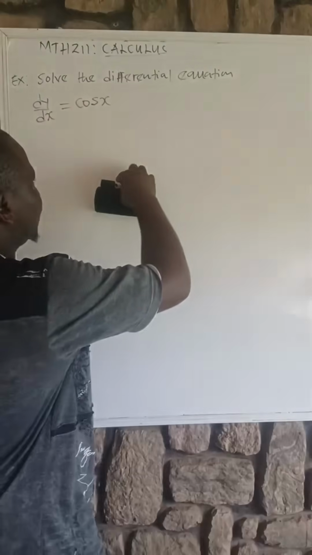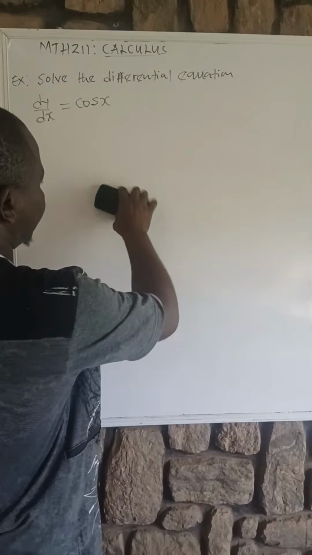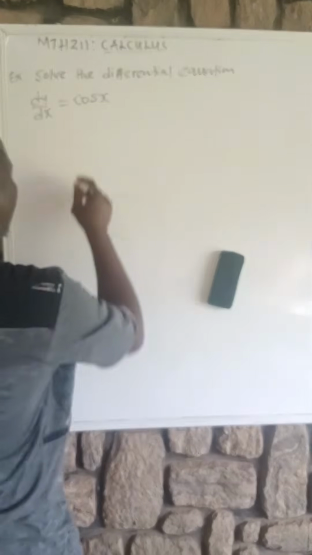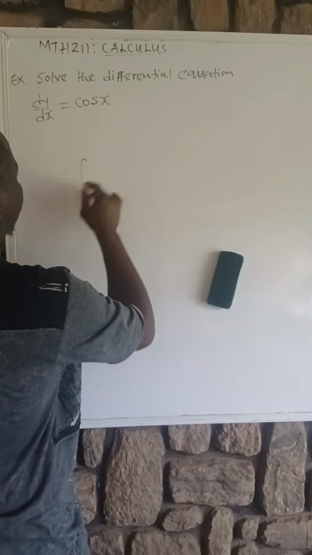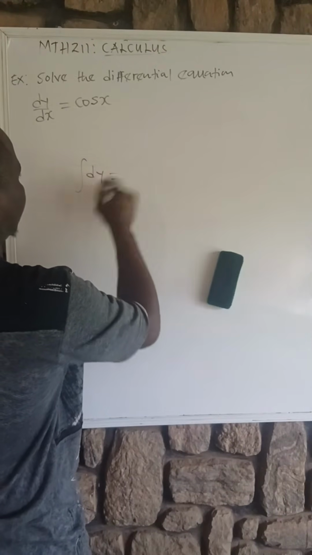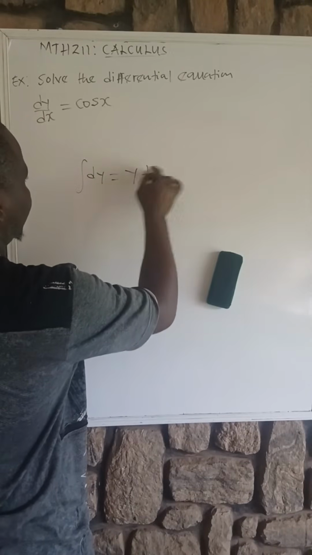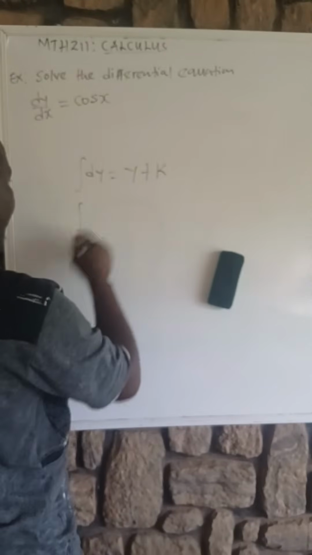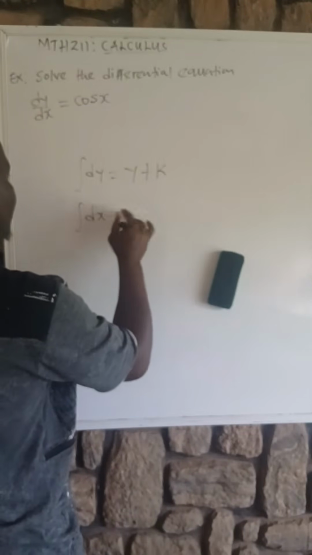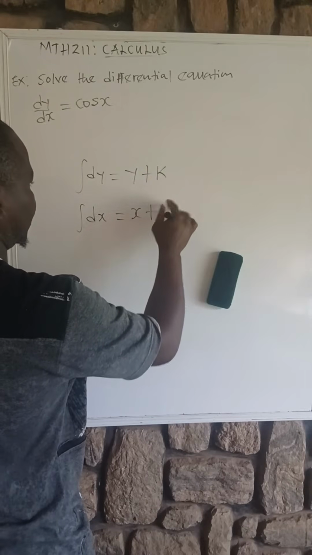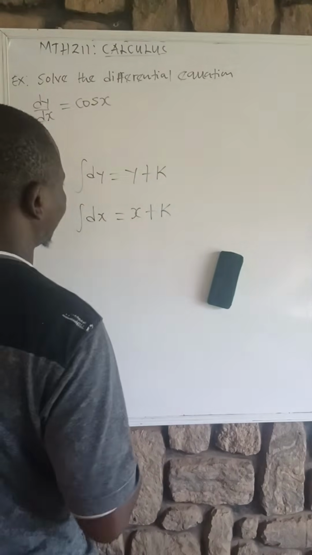In our last class, I told us that if we integrate dy, it means y plus a constant. Likewise, if we integrate dx, this is the same thing as what? x plus any constant, right?